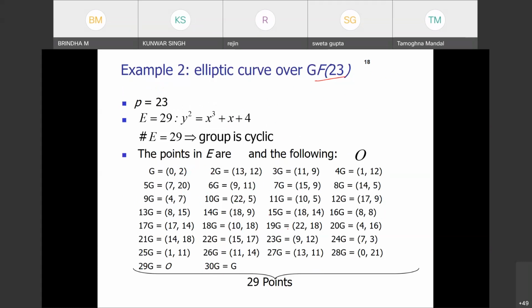So you can write all the points in this elliptic curve as multiples of Z. Here it is an additive group, so that's why it's cyclic. Everything you can write in terms of Z. Is that clear?